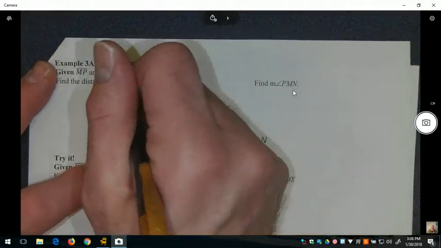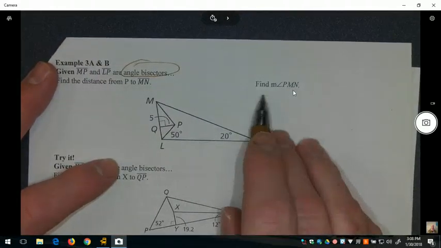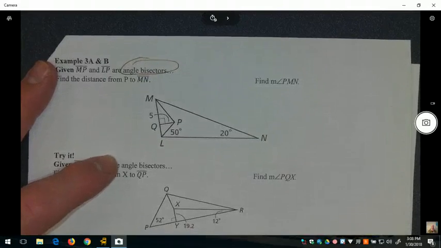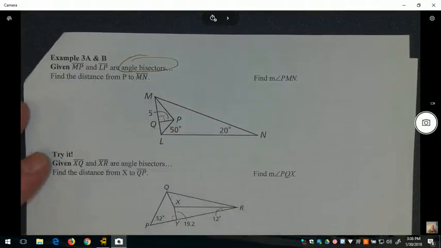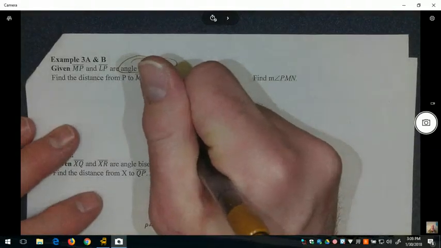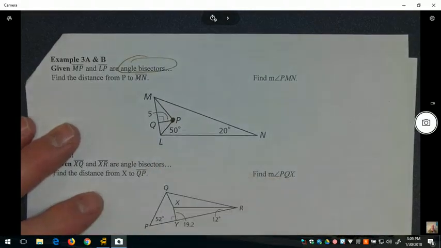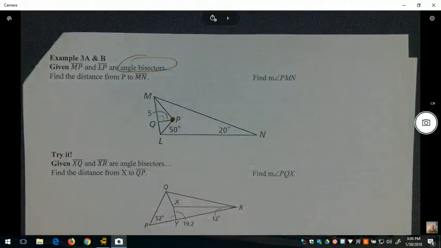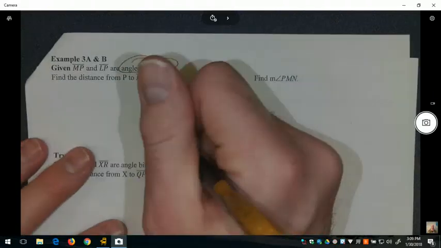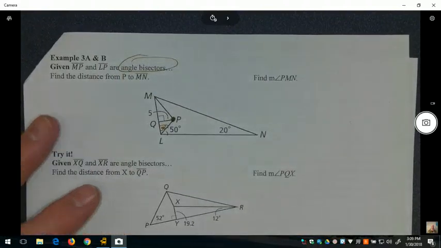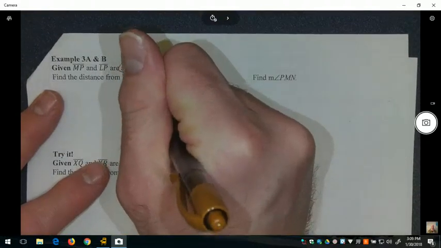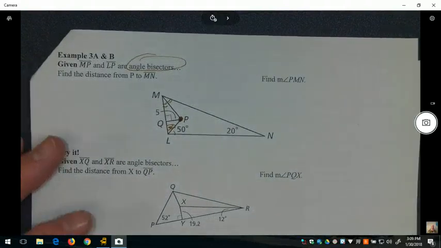Now you got to remember we're dealing with angle bisectors, so I may ask you to find angles, not just side lengths. So they're asking us, knowing that these are angle bisectors and we can see their point of concurrency, the other angle bisector will also meet there. We know the angles have been split in half, so if this is 50, then this is also 50 degrees right here. We don't know this yet, but we do know that they are the same.